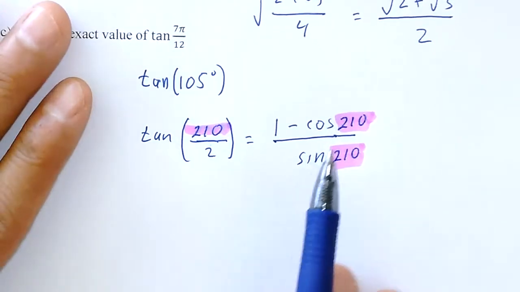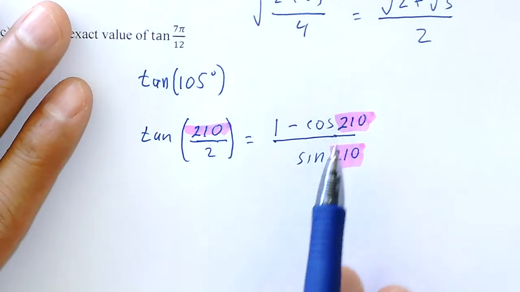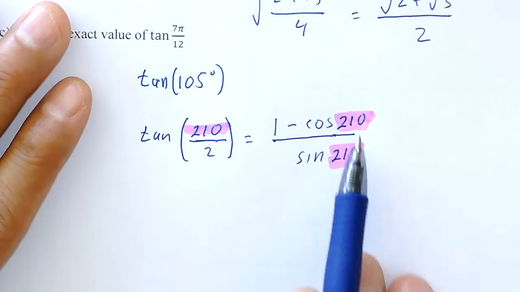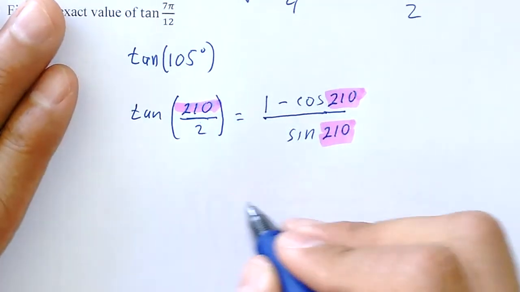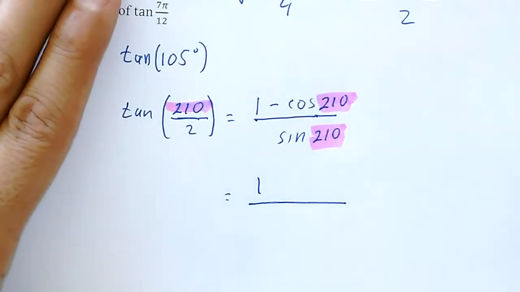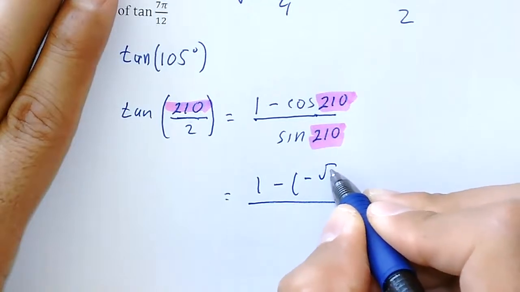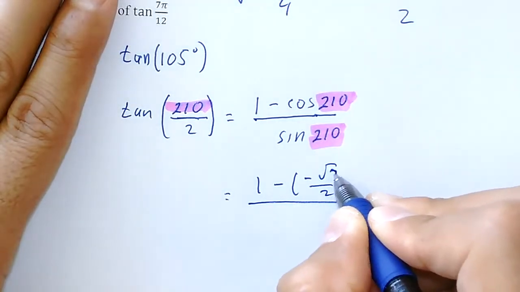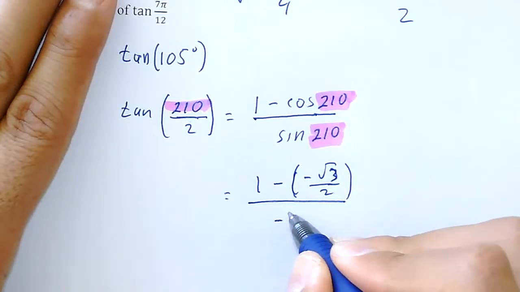So pause the video, figure out that number, and then we're going to do some algebra. So the cosine is negative rad 3 over 2. The sine is negative 1/2.